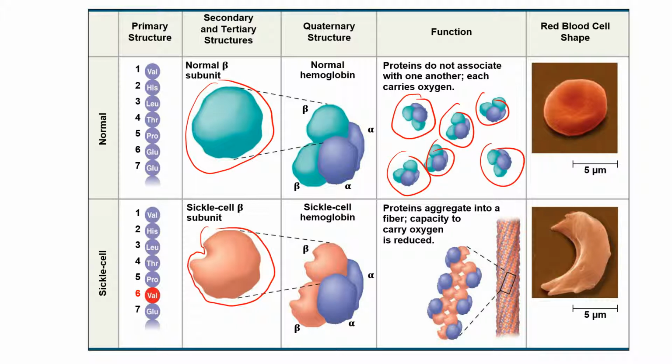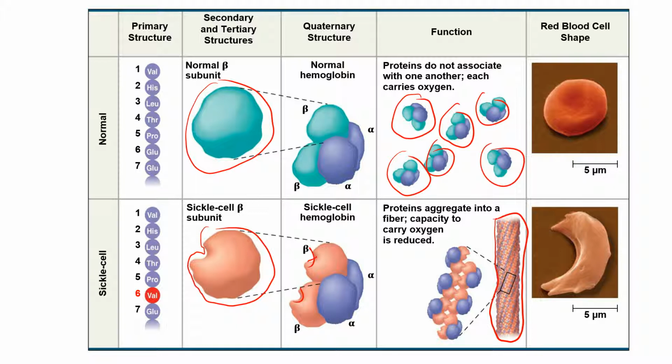Now, in your sickle cell hemoglobin molecules, notice how the beta subunits have these little binding pockets, these little clefts. They now allow the binding of other abnormal beta subunit proteins to interact with one another. So you get the formation of this cylinder structure, so it aggregates to form a fiber.